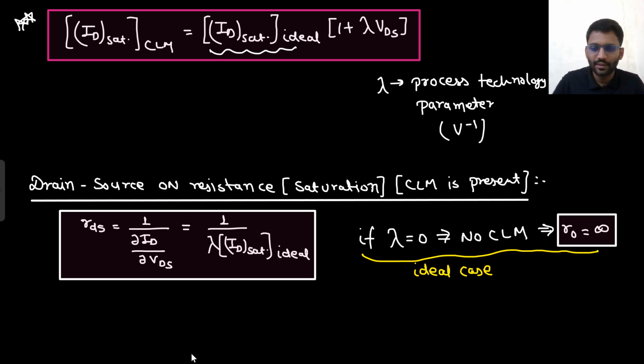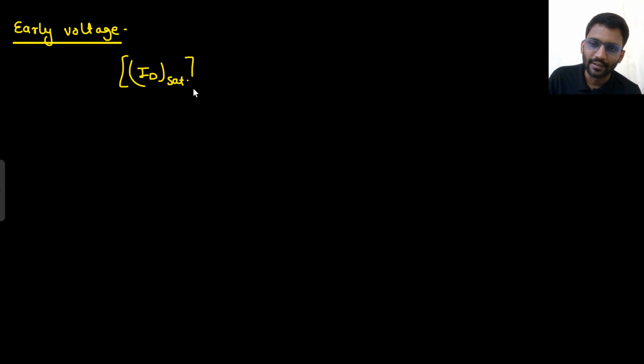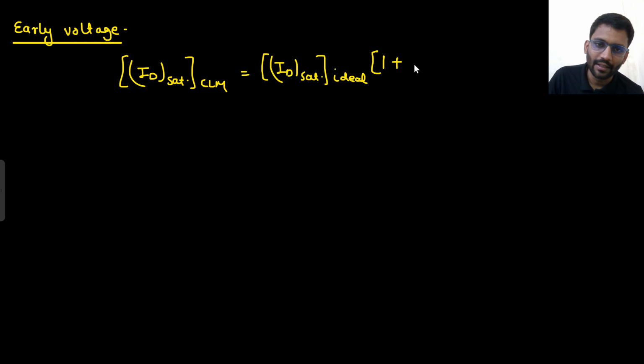Well and good. Let's move on to one more concept, that is early voltage. What is early voltage? What is your ID sat when CLM is present? That equals ID sat ideal into 1 plus lambda VDS.